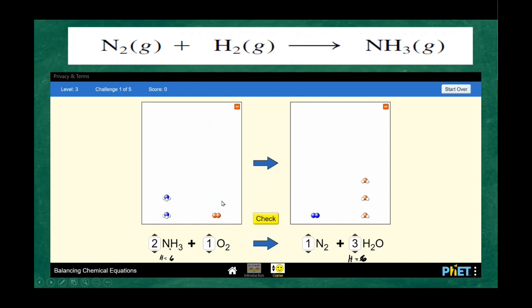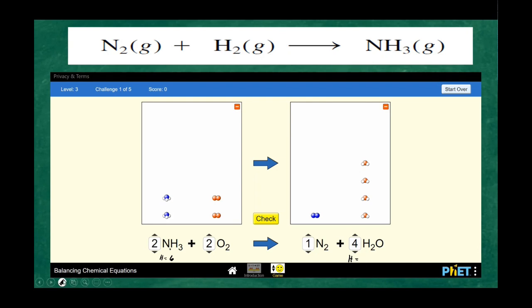So this one is even and this one is odd. So you have to add another oxygen molecule to make this equal. So we have now 2 times 2, we have 4 atoms, and here in our oxygen we have 4 atoms. So 1, 2, 3, 4, and our hydrogen is now 8.